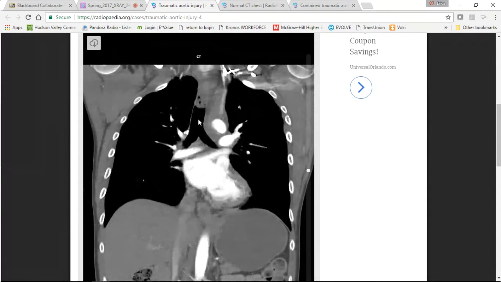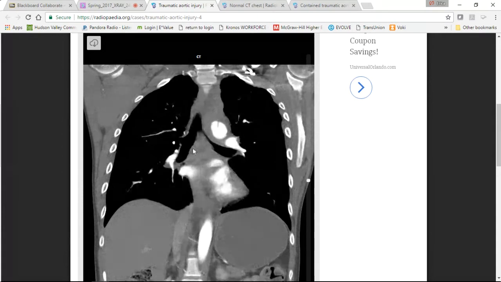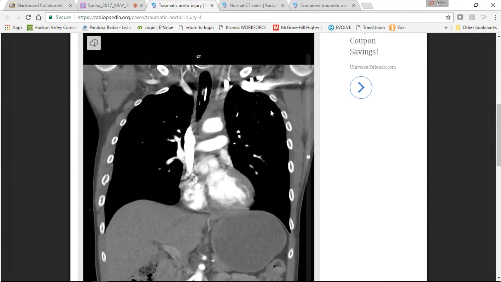Here's your trachea, carina, right here, this notch. Right main stem bronchi, left main stem bronchi, and I want you to see how vertical that is. See how vertical that is? And we take a turn here over to the left in the left main stem. Okay, and then it's going to start branching, secondary, tertiary, all the way out.